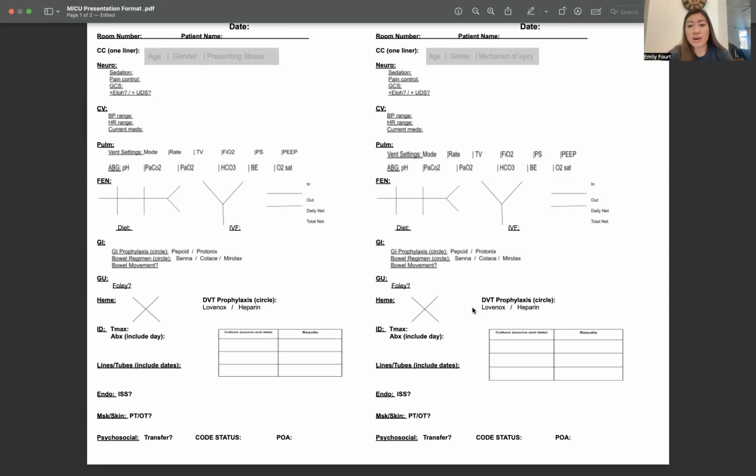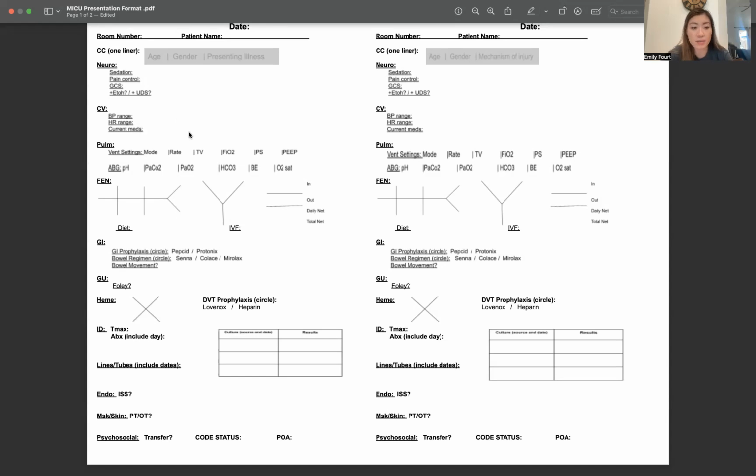I actually find it very helpful, but it's a hard transition when you're going from a SOAP format to system-based rounding. The biggest difference is that you end up sharing the different data points under a system instead of all lumped together.